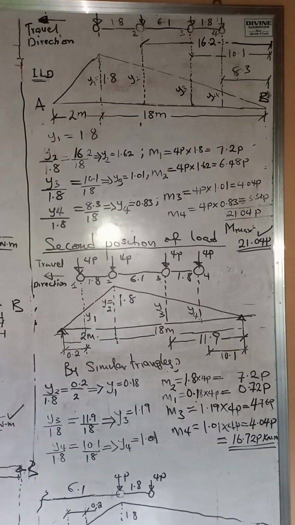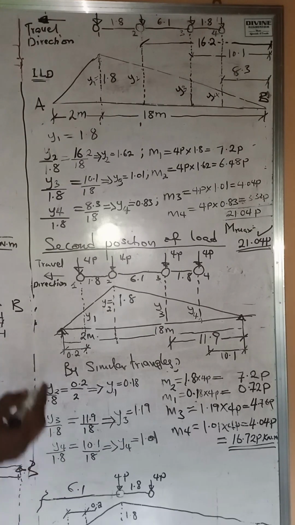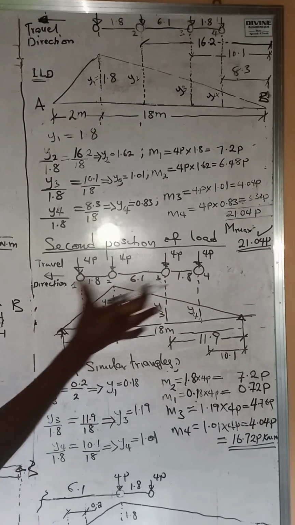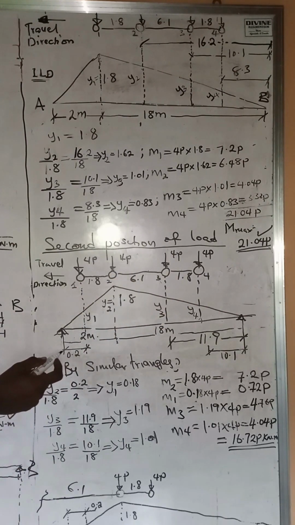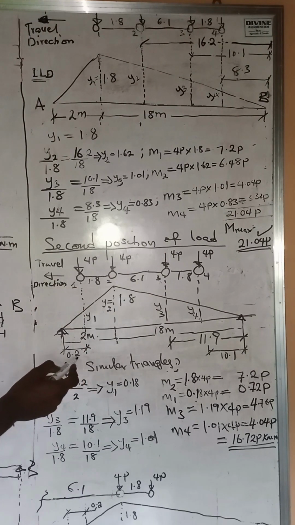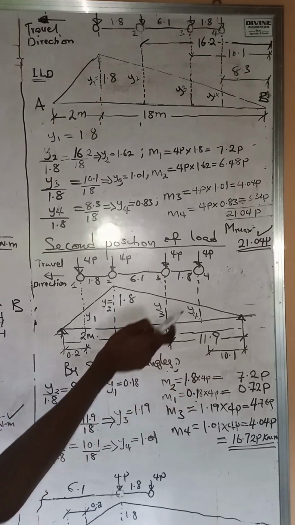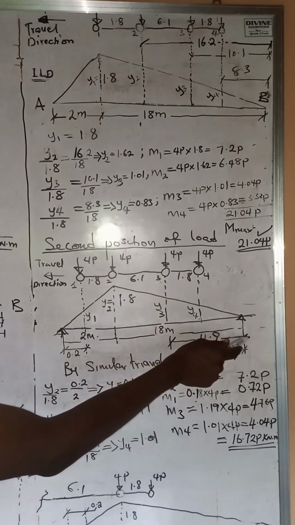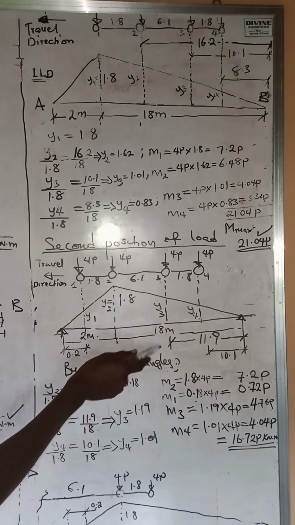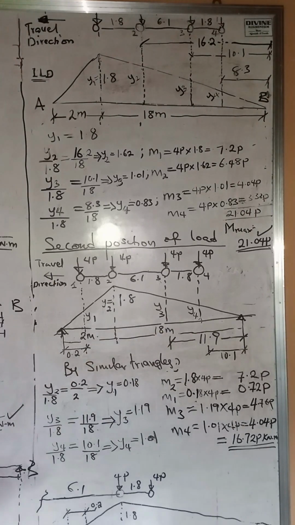The next step is to position this load with axle 2 at point 0.1 L, which is also the same as 2 meters away from support A. Now, if we do that, we station this load as this. You're going to have from here to the first axle to be 0.2. You're going to have here to be 10.1, which is the fourth axle. From support B to the third axle will be 11.9.